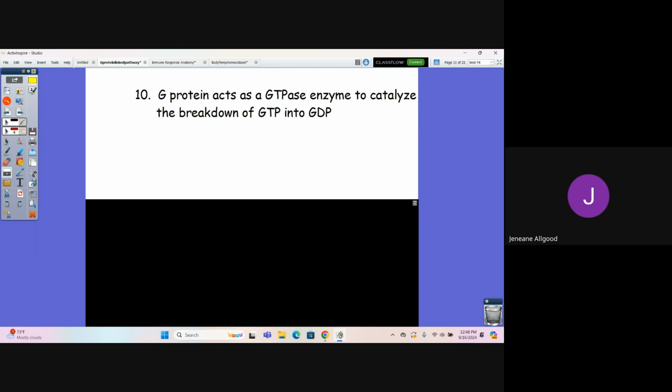Why is that significant? What's going to happen when I now have GDP attached to my G protein instead of GTP? It's going to inactivate the G protein, okay? And the G protein right now is attached to what? That adenylyl cyclase. And that's why we said it was active, because the G protein was active.